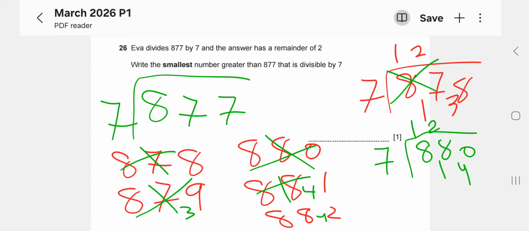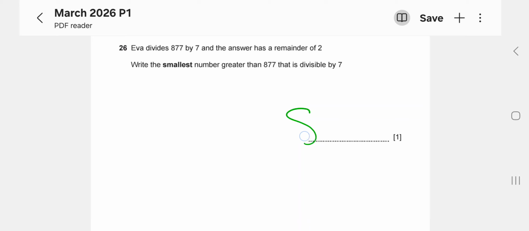So I'm checking the remainder, 42 divided by 7, so this will be our answer here, 882. I'm just checking the numbers I wrote, and I'm not doing the long division to waste my time. I'm just trying to do a tricky way. Just check the first 2 digits and then complete checking the rest.